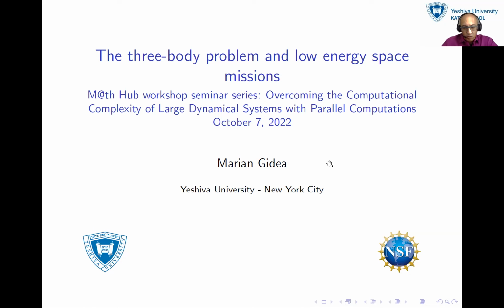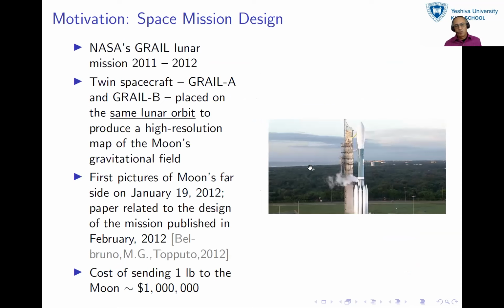So I'm going to start with the motivation of this work. One of the motivations concerns space mission design. There are different types of space missions. You know that now NASA is planning to send people to the moon, and these are the type of space missions that need to take a short time to go from the Earth to the moon and back.